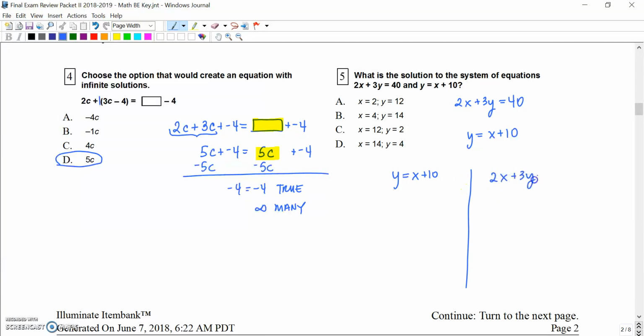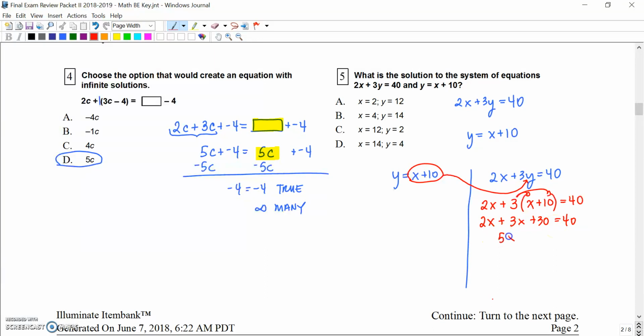The other equation is not, and we're going to plug in this in for y right there. So we get 2x plus 3 times the quantity x plus 10 equals 40. 2x plus will distribute. 3x plus 30 equals 40.